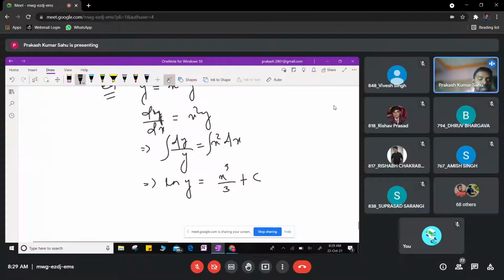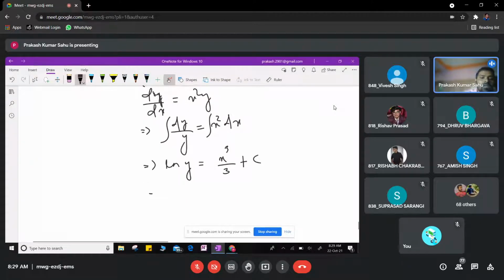And c is the arbitrary constant. So here you can say y is equal to e to the power x cube by 3 plus c. Again you can write this as e to the power x cube by 3 into e to the power c, which is equal to some constant k into e to the power x cube by 3, where k is nothing but e to the power c, another constant.